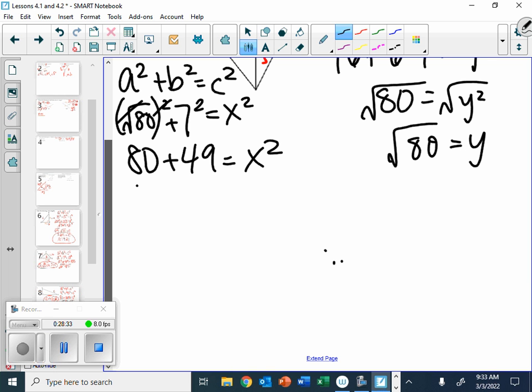129. And then lastly, square root both sides, and just for simplicity, give this to me as a number with 2 decimal places. Don't worry about the radical. 11.36, perfect.